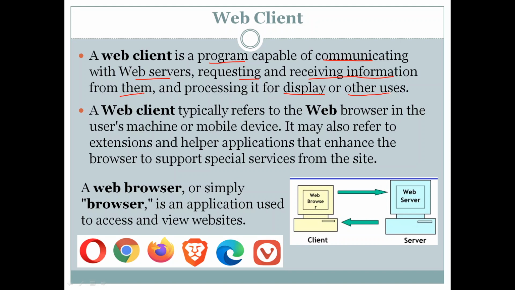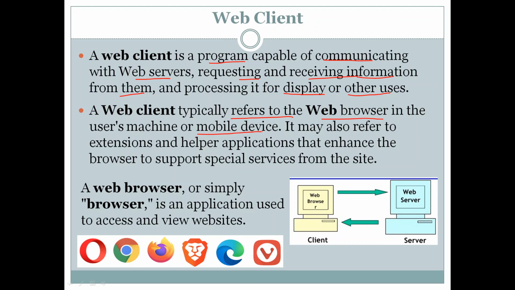So a web client, particularly, is a program which communicates with the server and requests and receives information from it. Even a web client can be a web browser or mobile device. So a web client can also be referred to as a web browser.